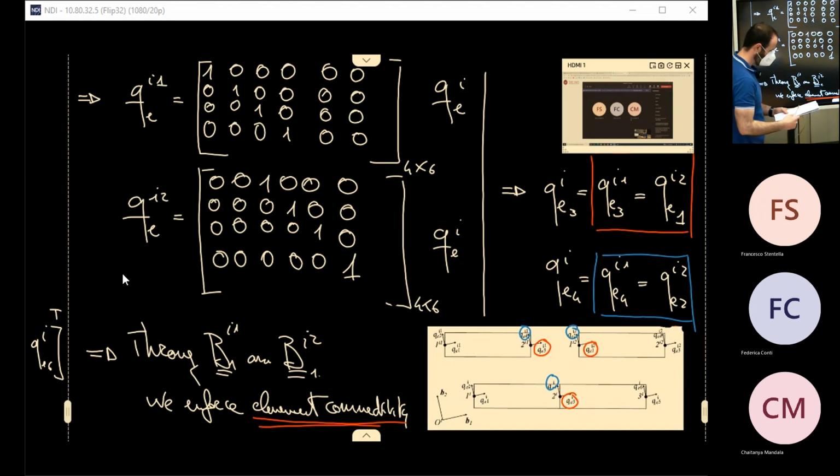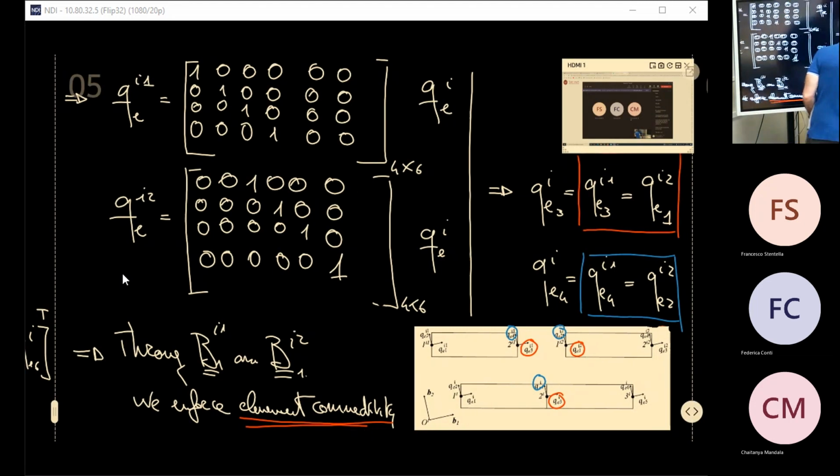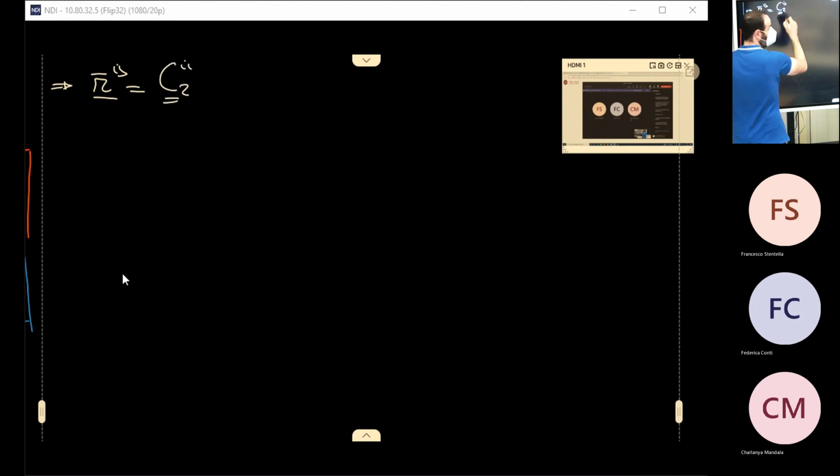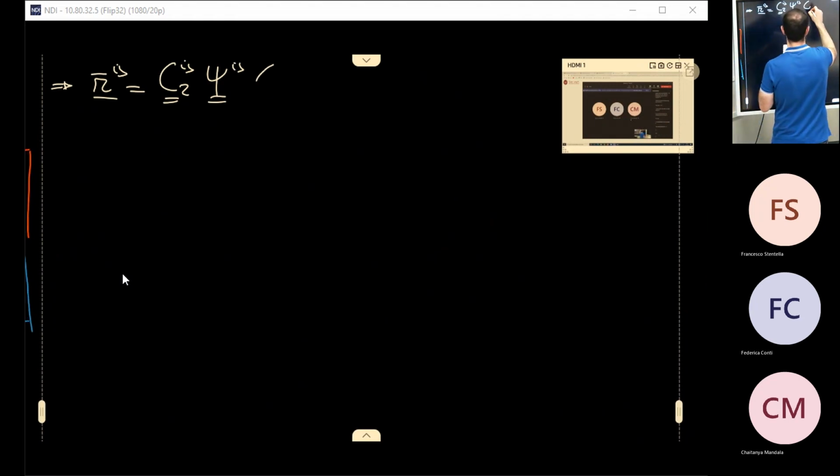Then there is a second one, but before actually going on, you can therefore write the following, just to complete it. We had, if you remember, we just wrote it. This could be written as C2, Ij, C1, Ij, QE, Ij.